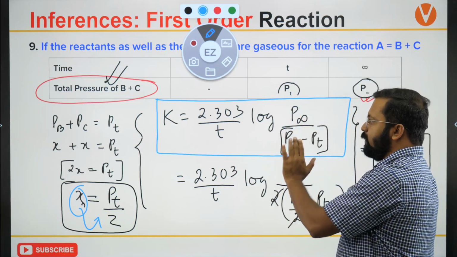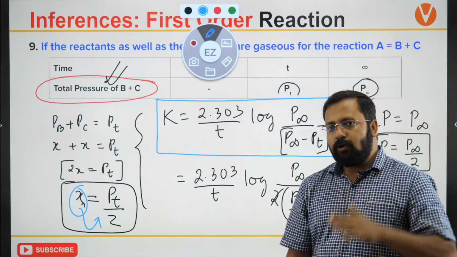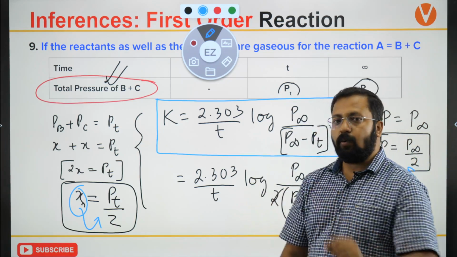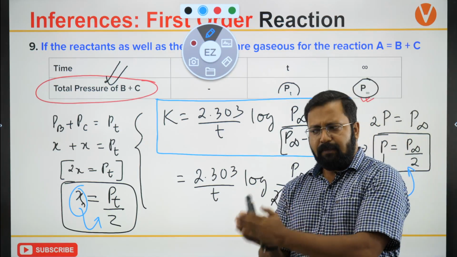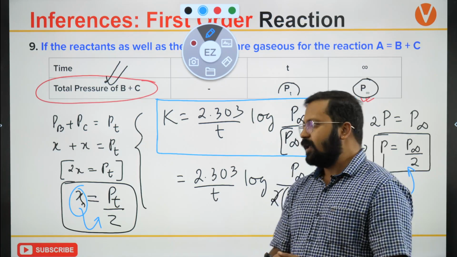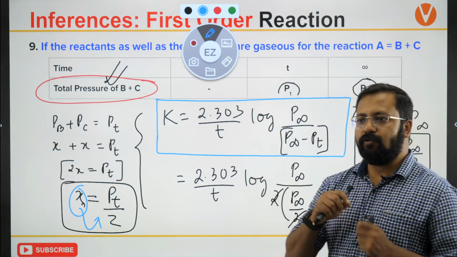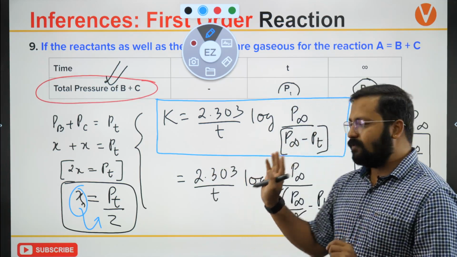I have just explained you the inference that how I am getting this. Okay, it will be way too lengthy in examination, but what you can do is you can practice these inferences over and over again, and depending on what is the language of the question, you can use one of them. You do not have to remember it, you have to just understand how are we arriving at it.